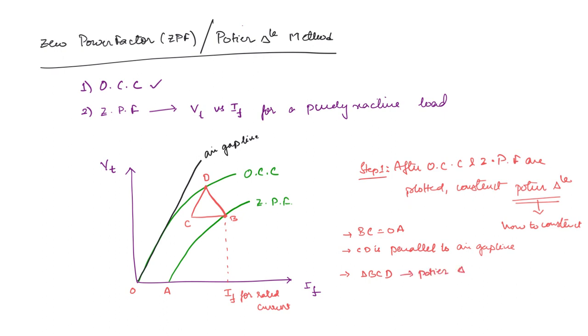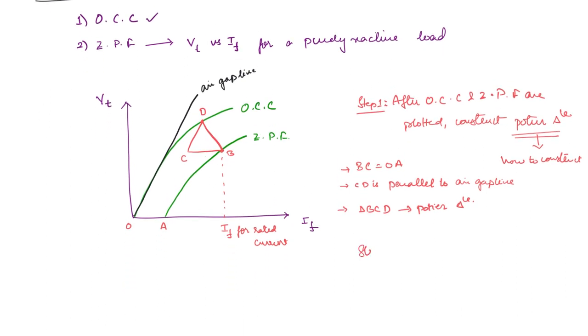Now once you get the Portier triangle, what are you going to do? Step 2, you are going to mark some data. You will draw a perpendicular from D onto BC.